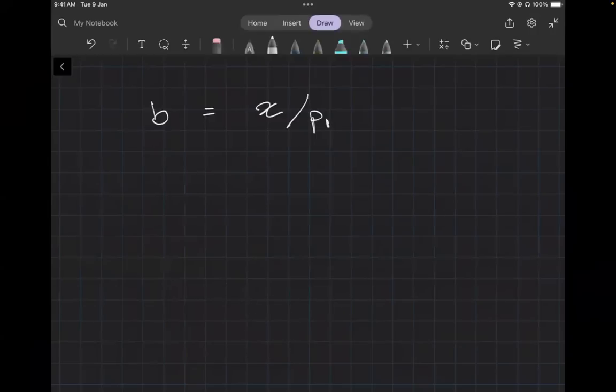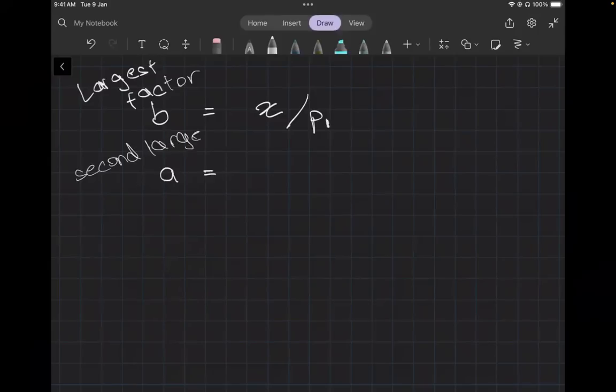Okay. Now, talking about a, b is the largest factor. Now talking about the second largest factor in x, there are two choices.